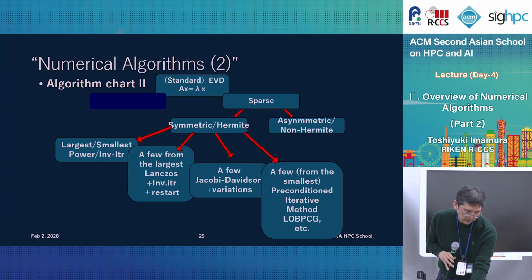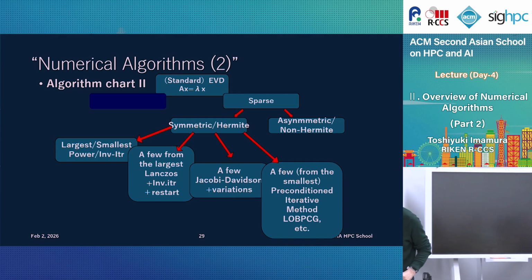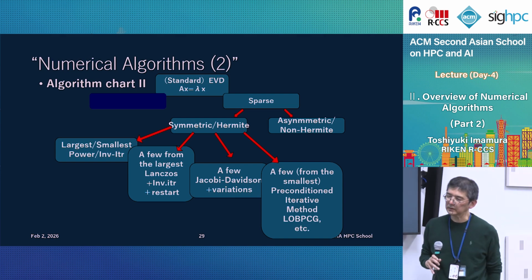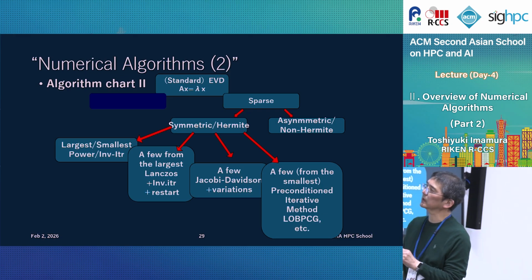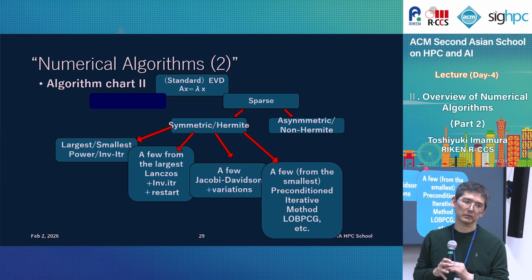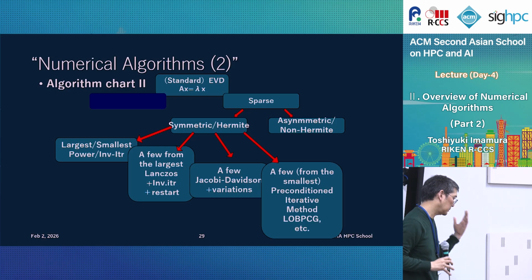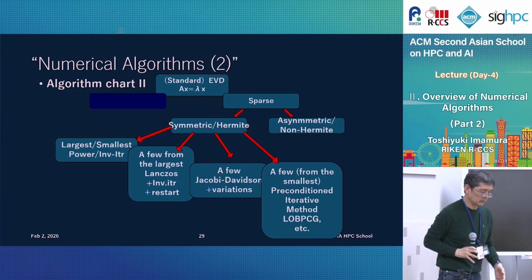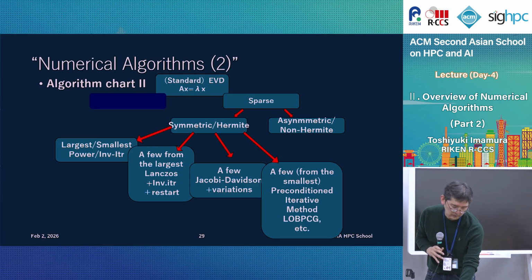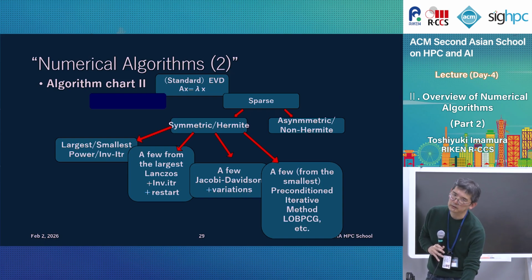But the essential idea always comes from the power method. Multiply the matrix by the initial guess several times, and we observe whether it has converged or not.